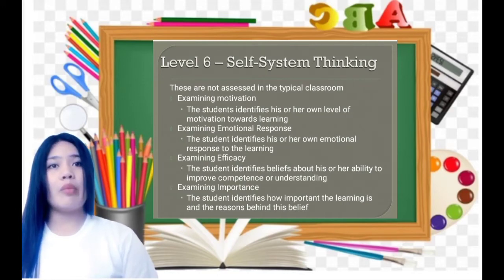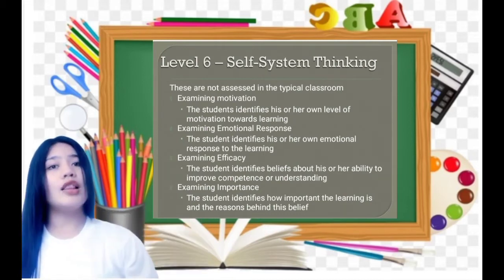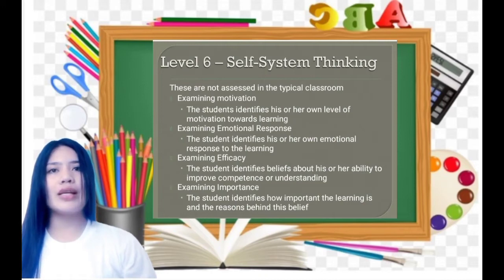In examining emotional response, the student identifies his or her own emotional response to the learning. And in examining efficacy, the student identifies beliefs about his or her ability to improve competence or understanding. And lastly, in examining importance, the student identifies how important the learning is and the reasons behind this belief.